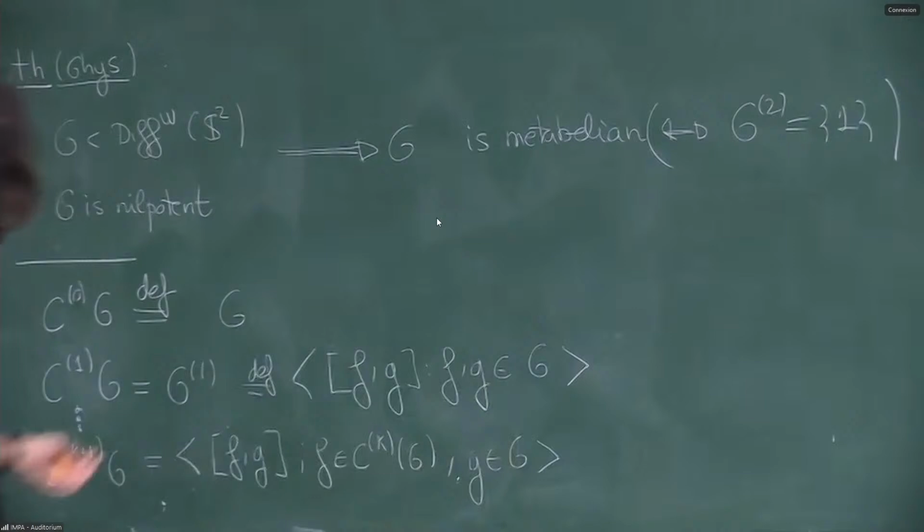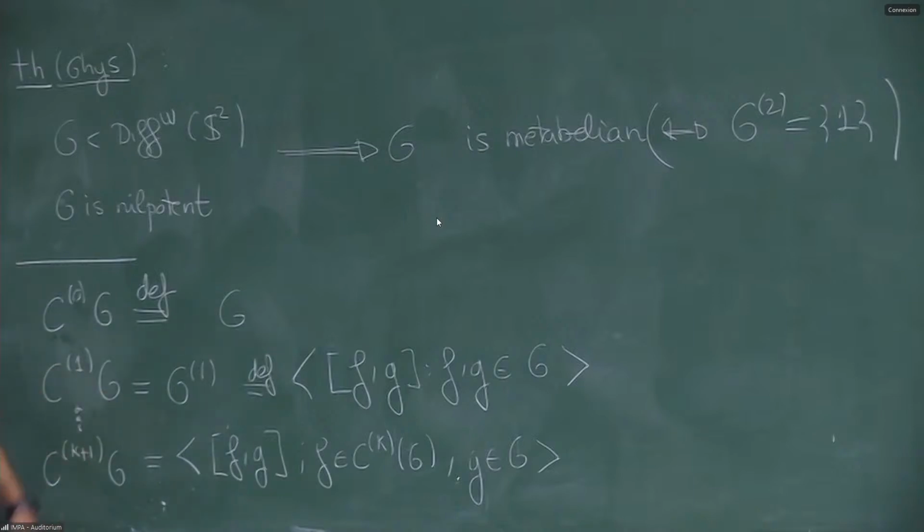These groups are, if you want, very roughly speaking, the groups that are closest to being abelian without being abelian necessarily, right? Of course, every abelian group is nilpotent. But these groups are interesting, for instance, because the center is never trivial. You always have non-trivial elements in the center, provided that the group is non-trivial, of course.